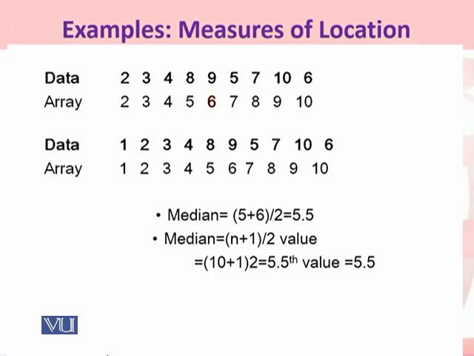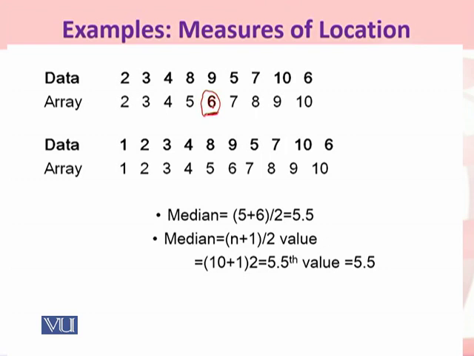The procedure to calculate the median is that after arranging the data, if the number of values is odd, as in this data where there are 9 observations, we pick the middlemost value. I've highlighted that value. The value is 6. So this 6 is the middlemost value in the data, and we call it the median.